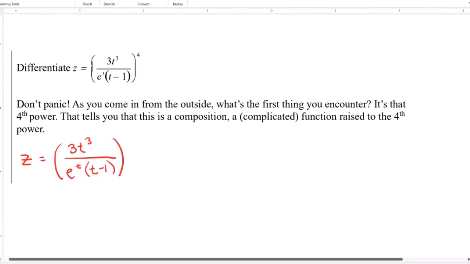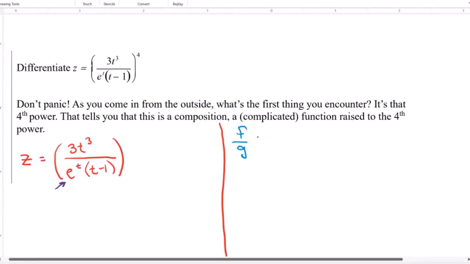Okay, so we have a function divided by a product rule. So we need to go very slowly and carefully. So I'm going to say, because I have a quotient rule, I have f over g.